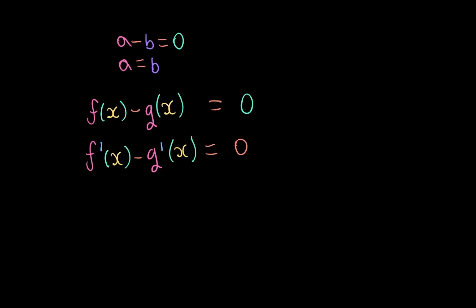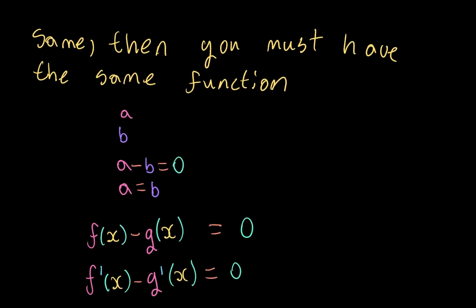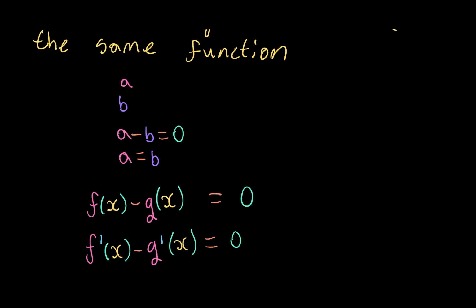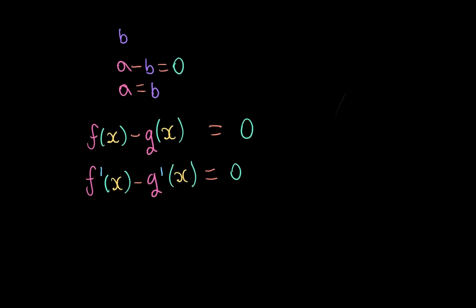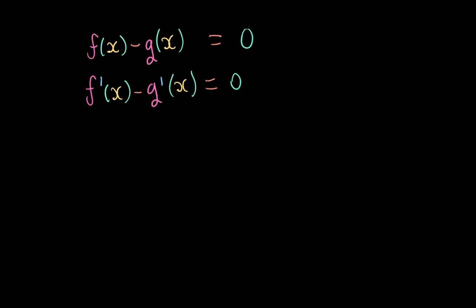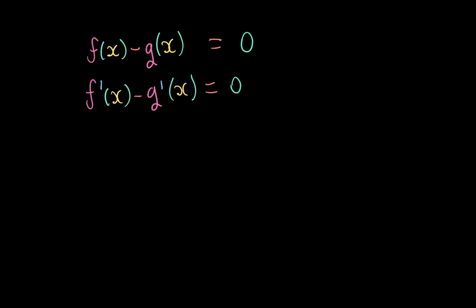Right? And then we can do this again. f double prime of x minus g double prime of x is equal to 0. And then do this infinite times, and if they're all equal to 0, then you have the same function, right? If their curves are based on derivatives and all their derivatives are the same, then it's the same function. So let's put this into a summation notation.